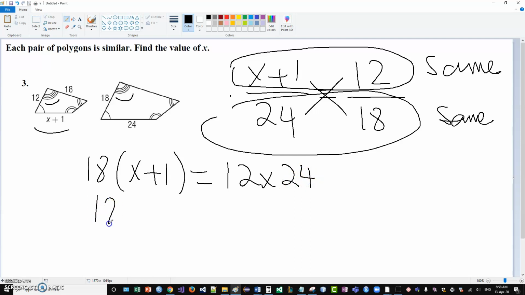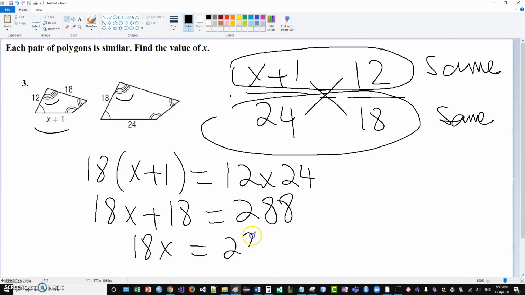So 18x plus 18 equals 288. Then 18x equals 288 minus 18, which is 270.